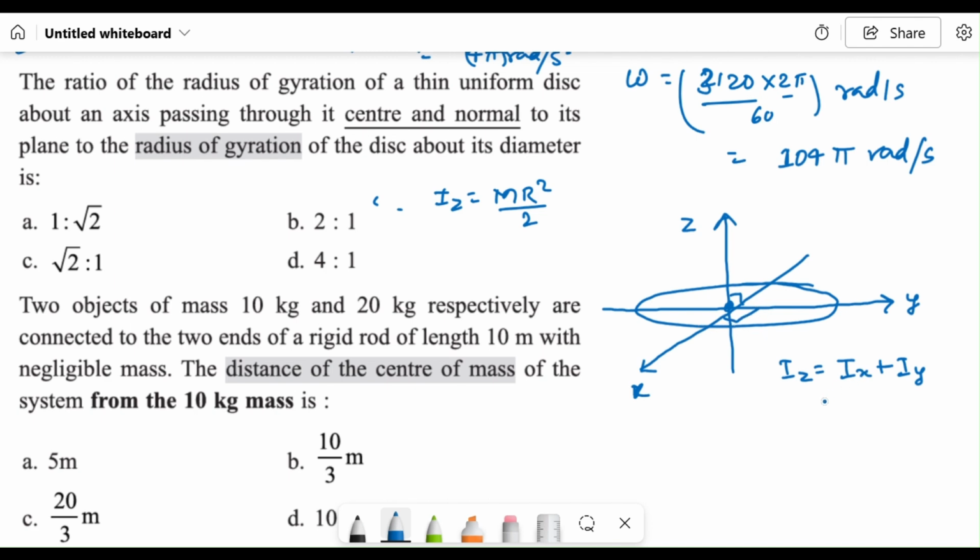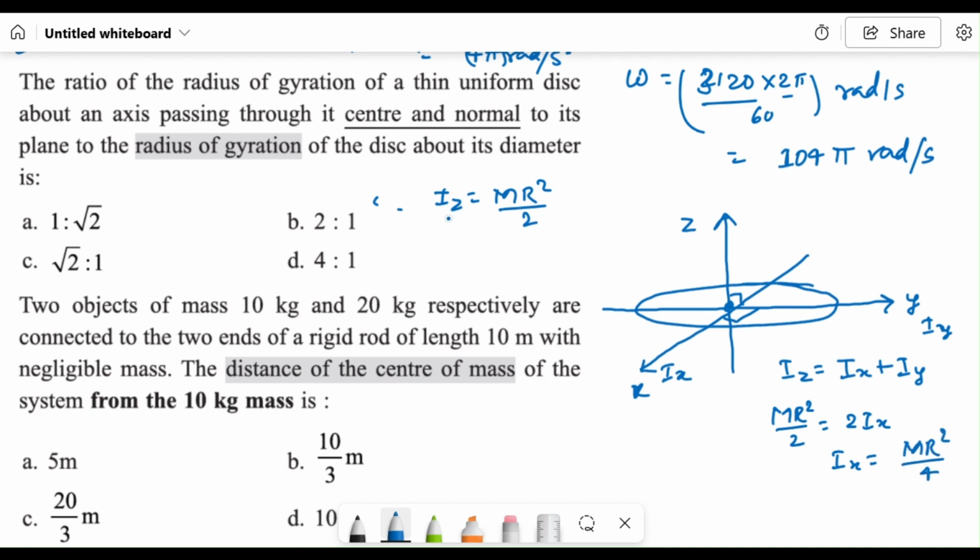This is what the perpendicular axis theorem tells us. Now Iz is m r square by 2, and about x or about y the moment of inertia will be the same because this is a symmetric body. So m r square by 2 equals 2 Ix, so Ix equals m r square by 4.